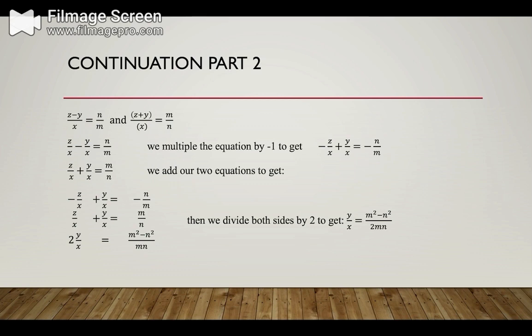As you see, this time around, the z over x canceled out. And if we want to find y over x, we have to divide both sides by 2, which ends up giving us y over x equals (m squared minus n squared) over 2mn.